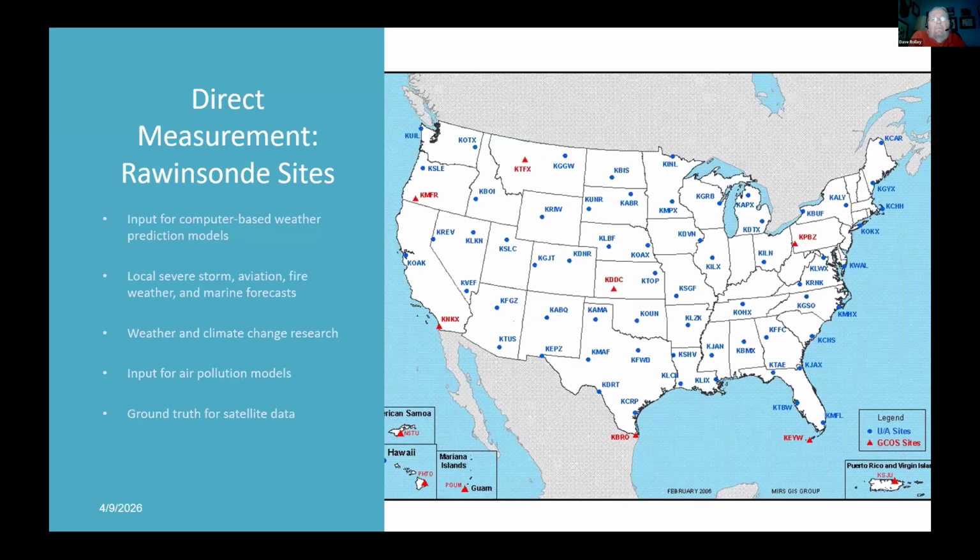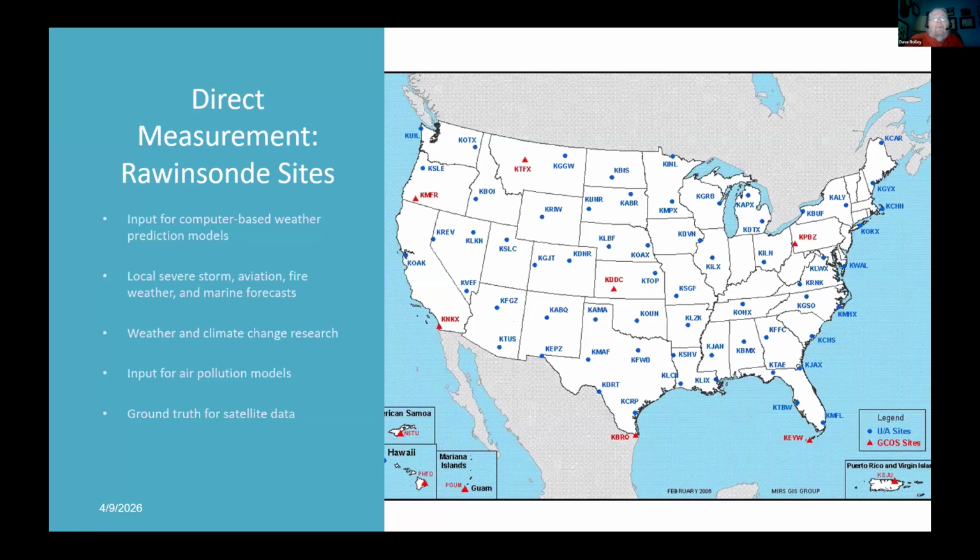Others have a radar reflector on them. This is a direct measurement of the atmosphere. The colors on the chart indicate the organization that owns the particular site. So the red triangles are the Global Climate Observing System, and the blue dots are the Upper Air Program under National Weather Service.